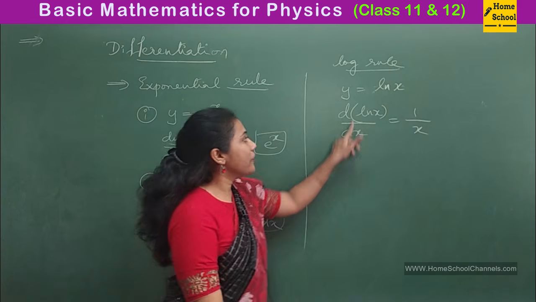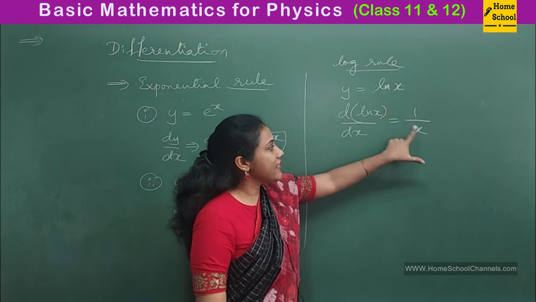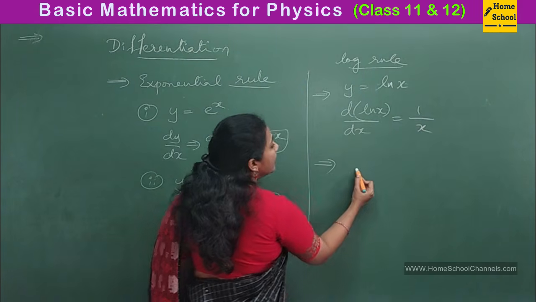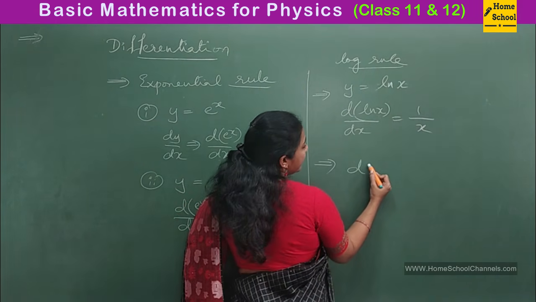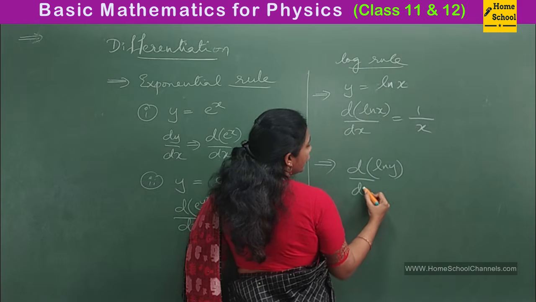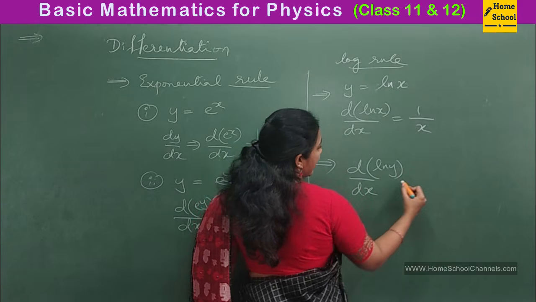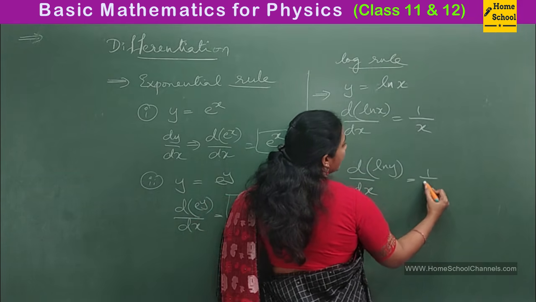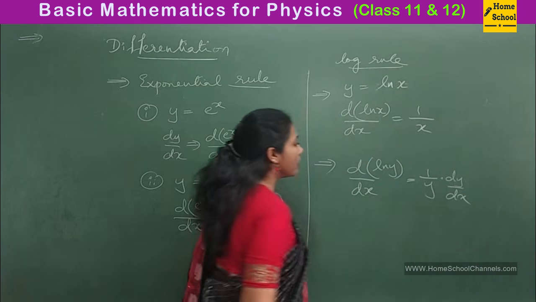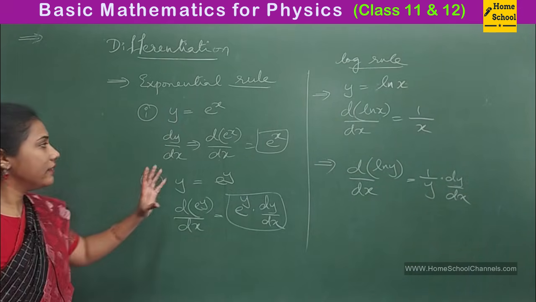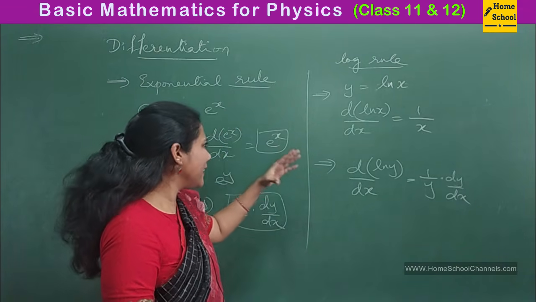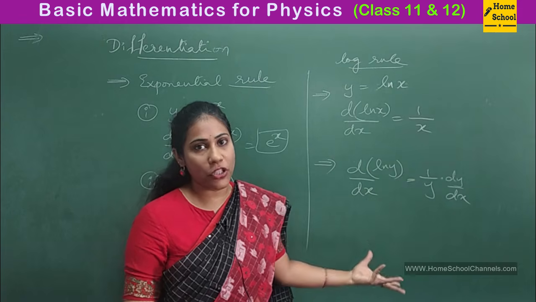And if you have to differentiate ln y with respect to x, then the formula is 1 by y into dy by dx. These are a few more important formulas that you need to remember. You will use them in later chapters.